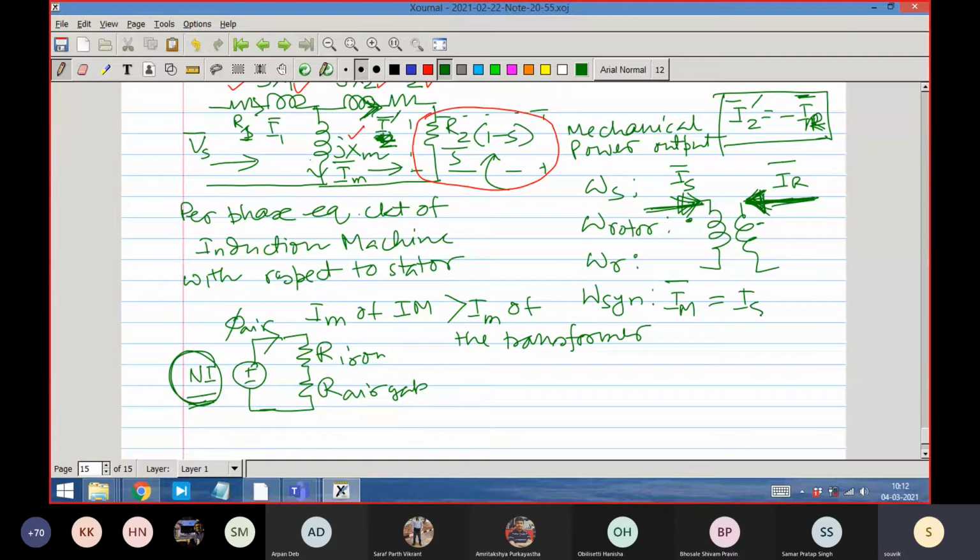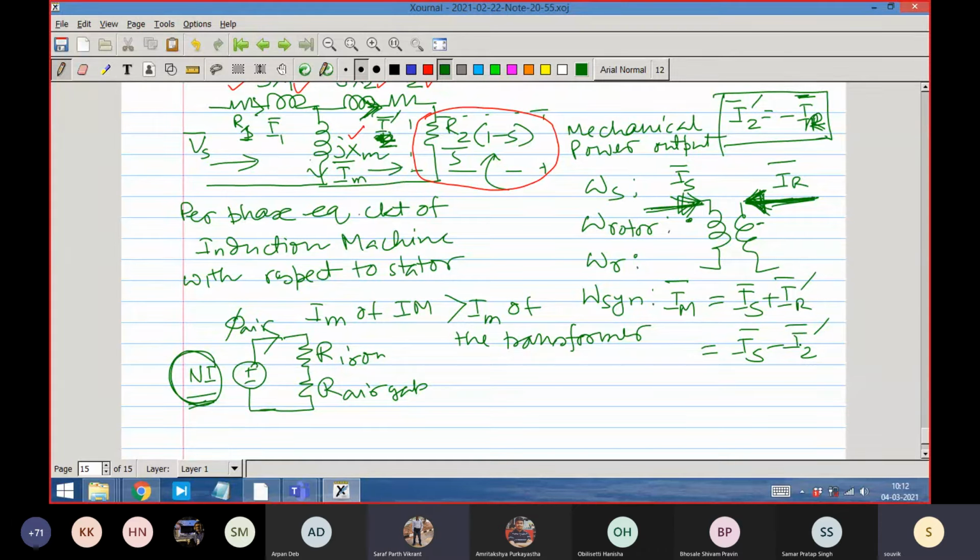IM is equal to IS plus IR dash. Now I will write it is equal to IS minus I2 dash. That's the difference. No other difference. Is that making sense? Yes, understood. It's just a common sense.